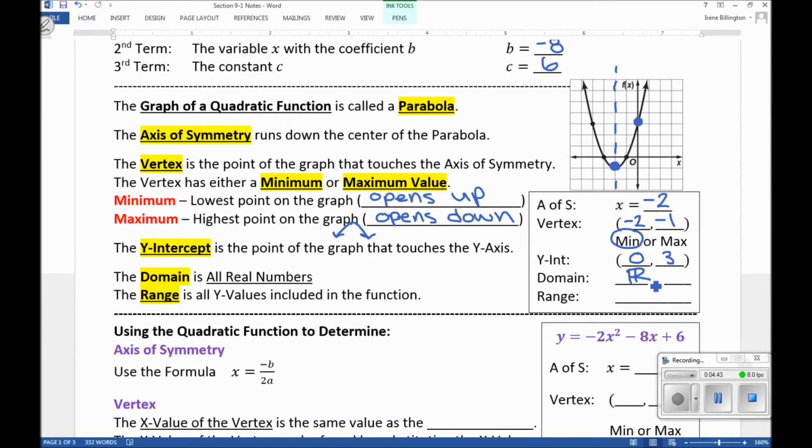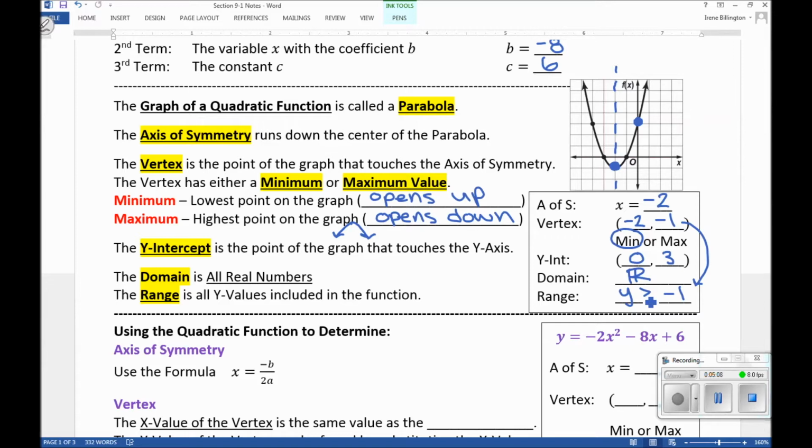Our vertex is a minimum, so my lowest y value is -1. Which means all the other y values are going to be above -1 because my parabola is opening upwards, it's going up. So my range is going to be y is greater than -1.